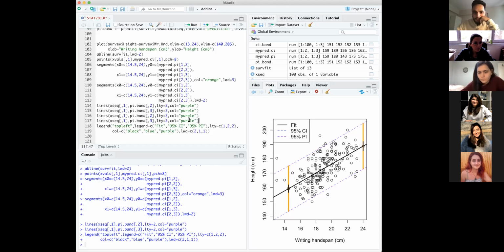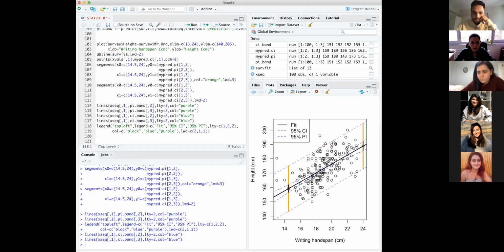Let me just add my confidence intervals. And yes, now we have our confidence intervals with blue lines. You see that it's around the mean, and our prediction intervals are around our observations.